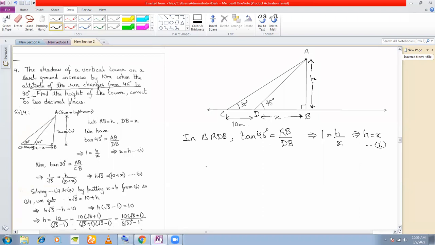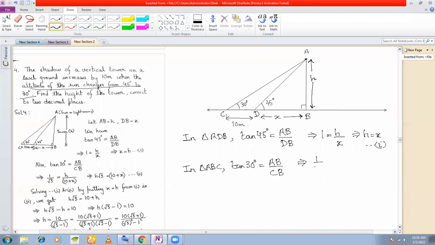Now we'll apply tan 30 in triangle ABC. In triangle ABC, tan 30 is equal to, this time, AB by CB.